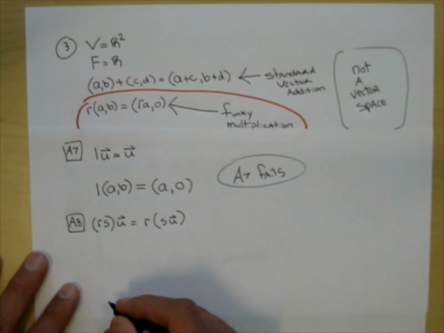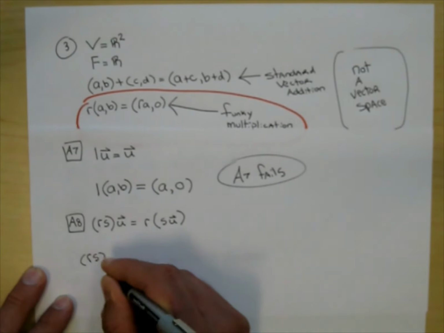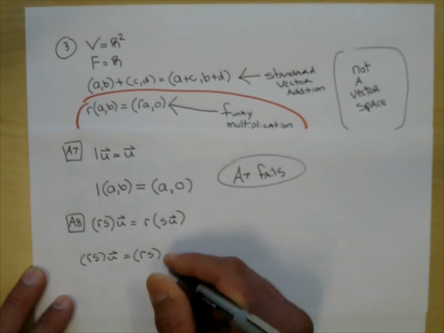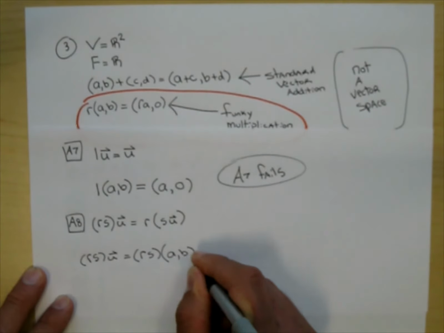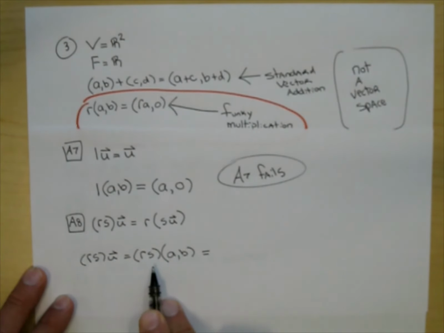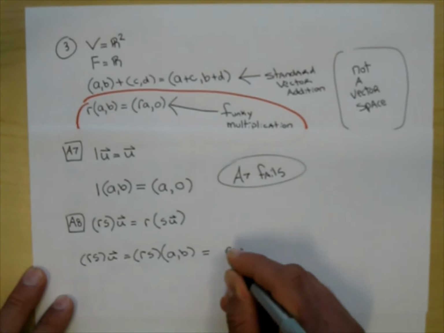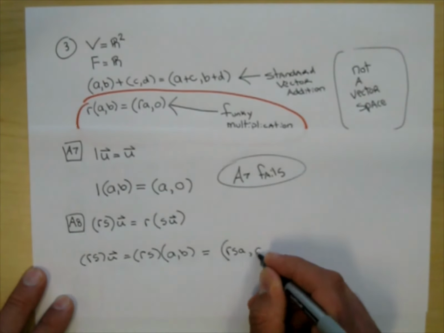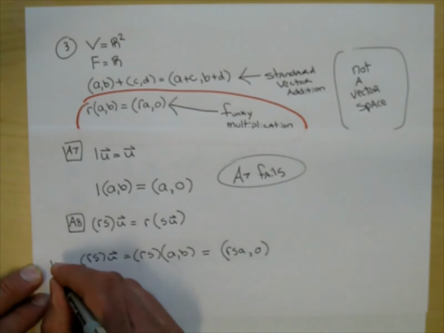But I'm just going to go ahead and write out the proof here. So watch this. (RS) U would equal (RS) times, let's call U (A, B) like we've been doing. Funky multiplication says RS is just some number, so this is going to be RSA. And then RS times B, because of funky multiplication, you have to put a 0 there. So this right here is the left-hand side.